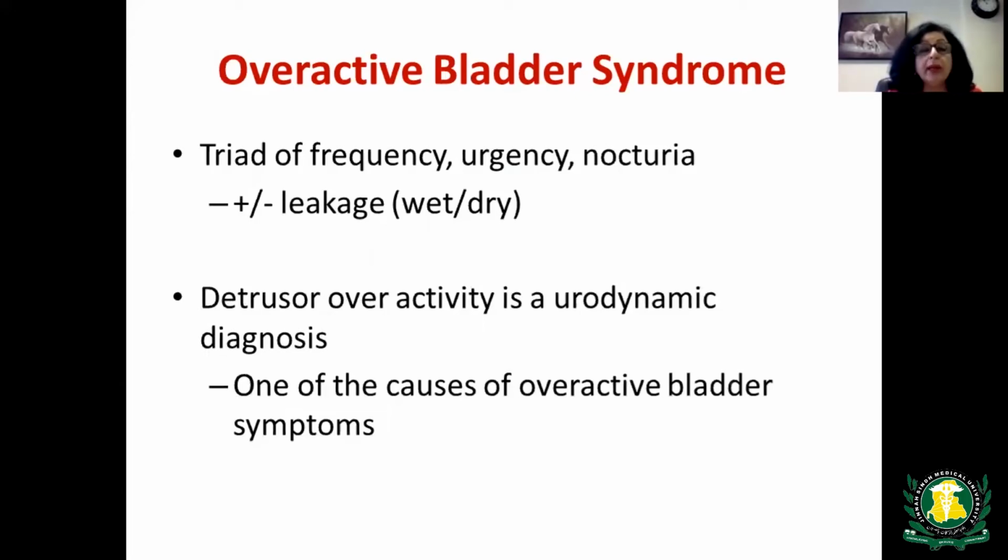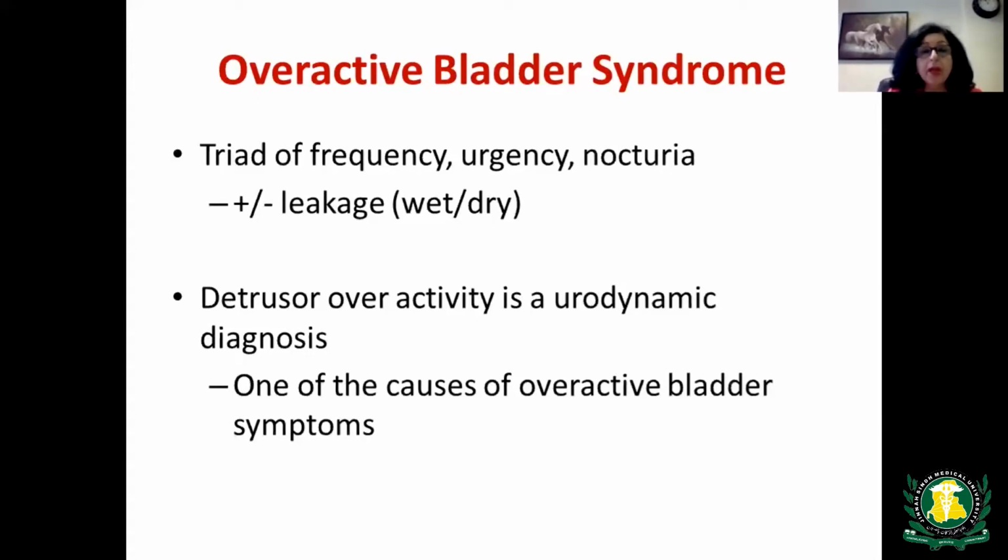So eventually, in order to make the proper diagnosis, we have to offer them urodynamics, because detrusor overactivity is a urodynamic diagnosis, because you cannot physically demonstrate it without having a proper test. And because overactive bladder syndrome is one of the major problems, more than stress urinary incontinence, and because the treatments are completely different, you have to identify the problem prior to offering any management to the women.